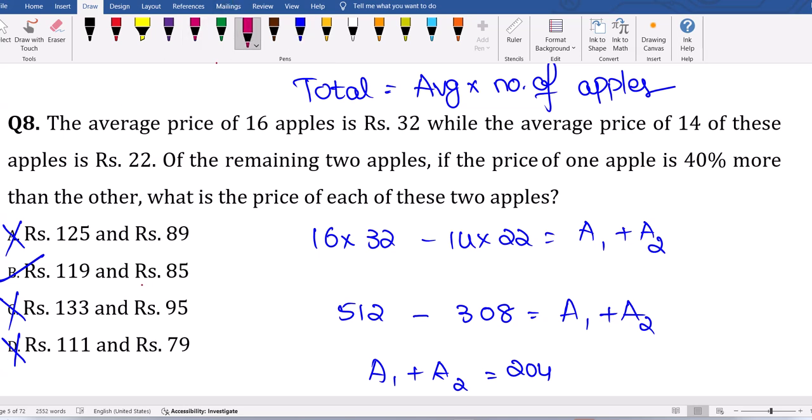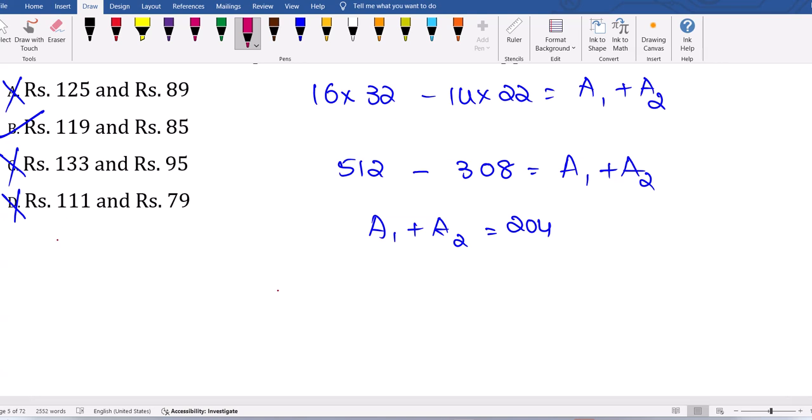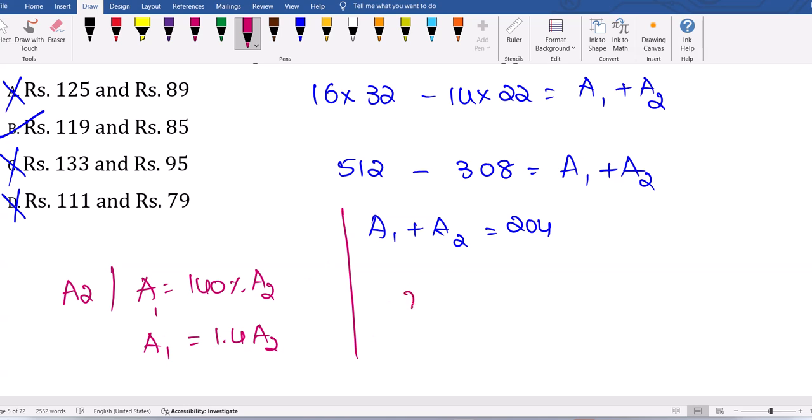Then how can I obtain these two numbers exactly, sir? They said one is 40% more than the other. Let us say A2. Now A1 is 40% more than the other, meaning 140%, which is 1.4. So A1 is 1.4 A2, and 1.4 A2 plus A2 is 2.4 A2, which is 204.